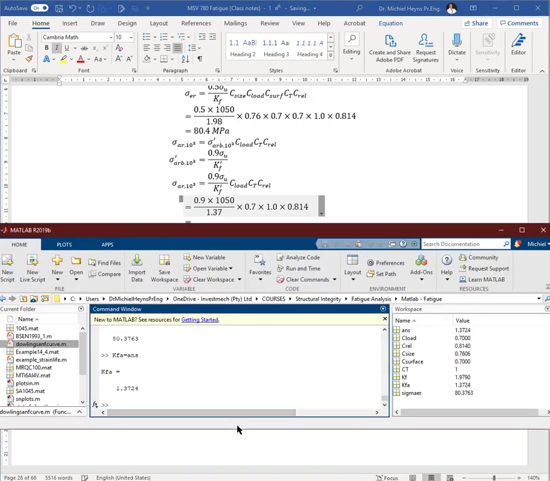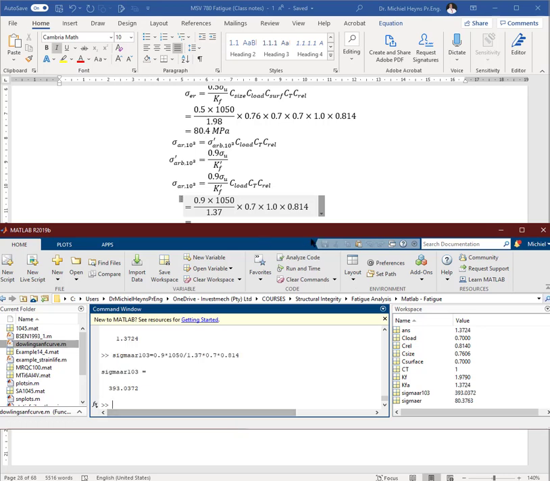So here we have sigma AR at 10 to the power 3, and that's equal to 0.9 times 1050 divided by 1.37 multiplied by 0.7 times 1 times 0.814.